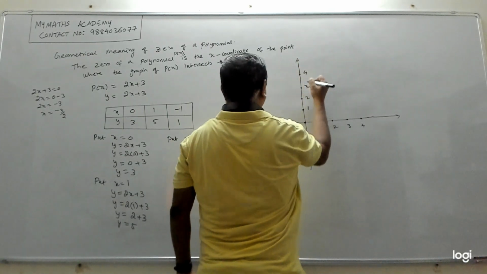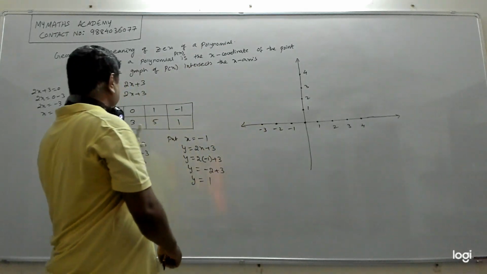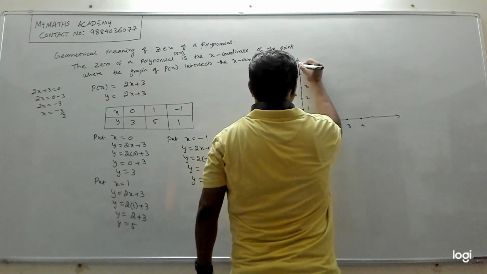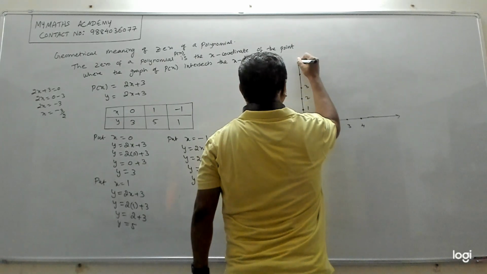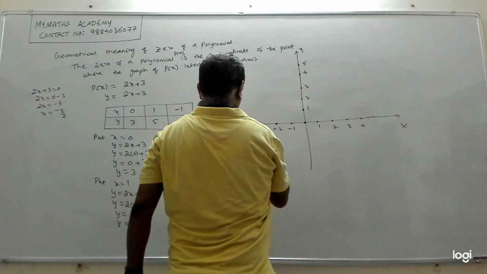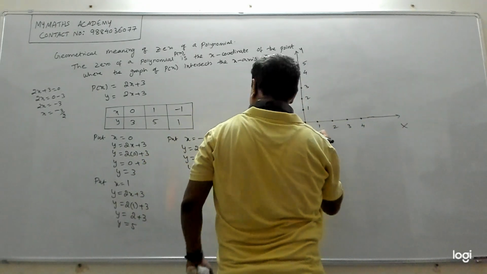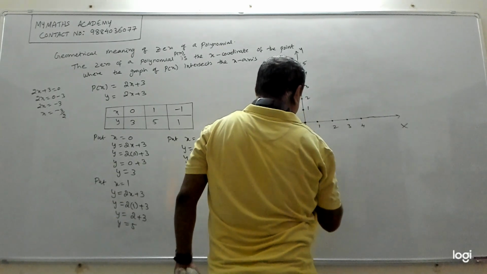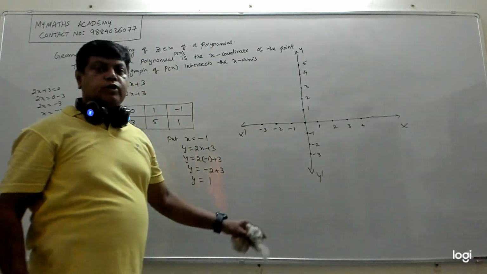I can even put 4, right? So we need till 5. We should have at least 5. So here I'll put 5. Now the negative y axis, this is minus 1, minus 2, minus 3. So this is my graph sheet.